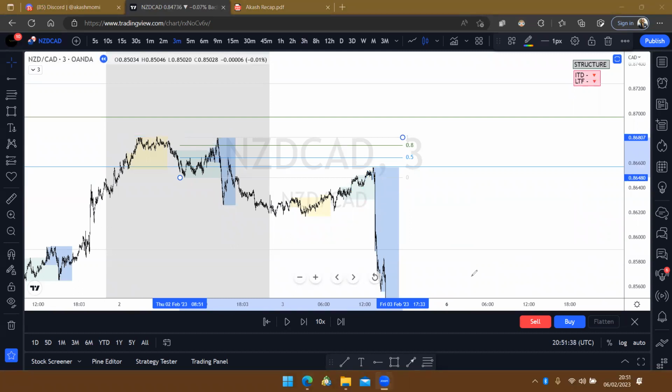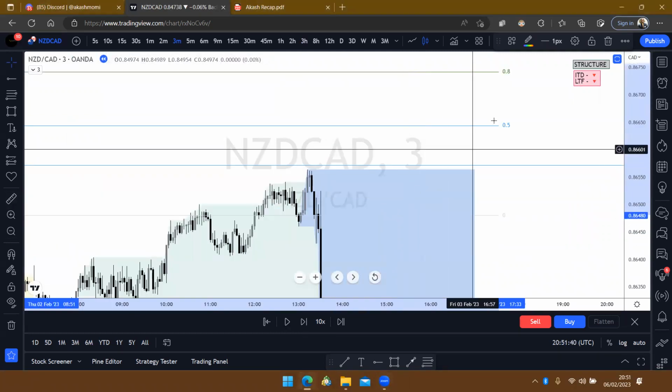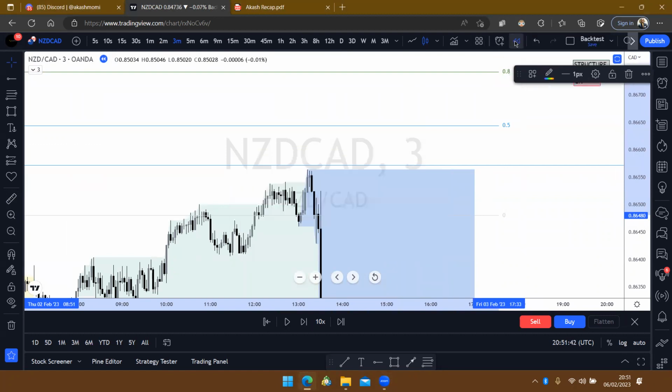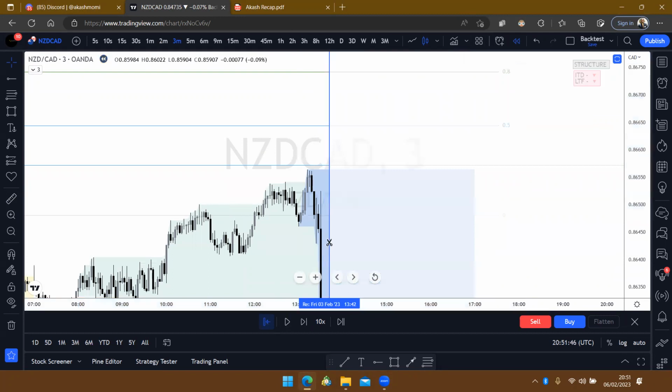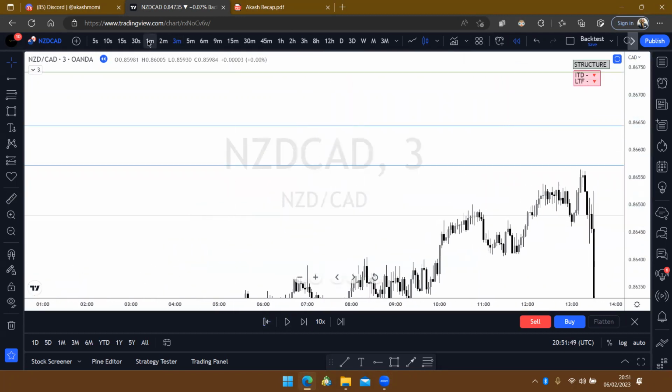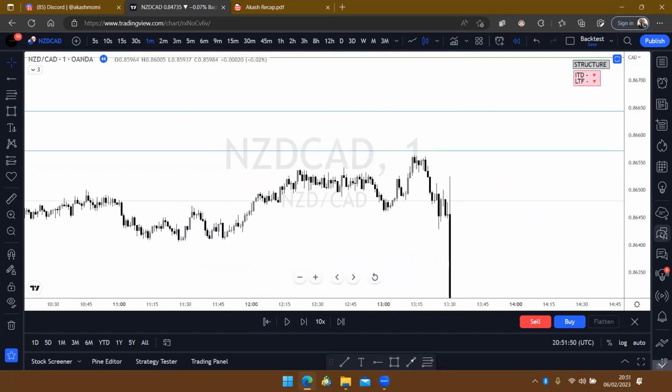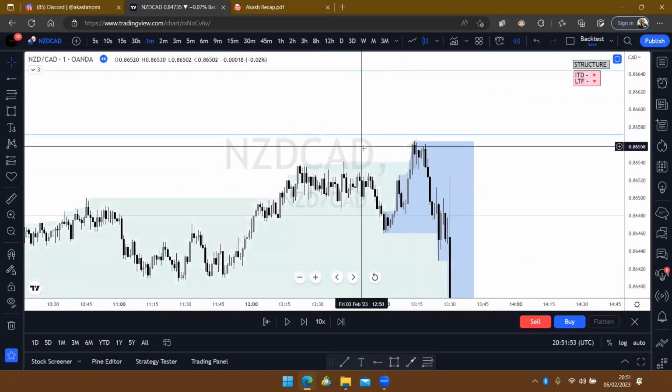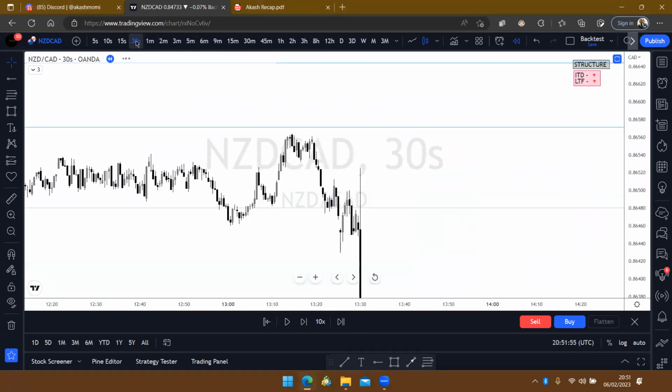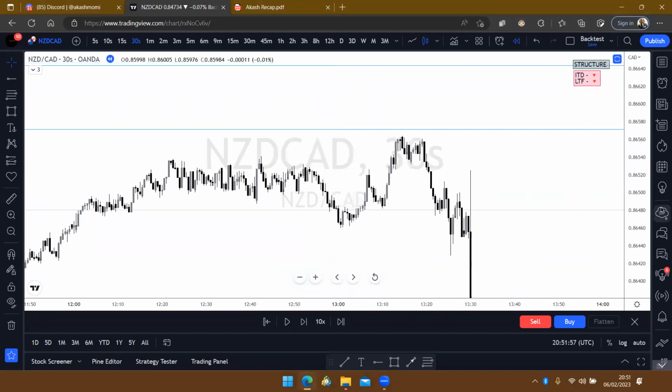Let's actually look at that. Let's look at the price action in here. Go down to 1 minute and then you will be able to see it.